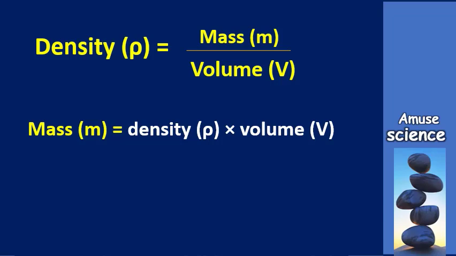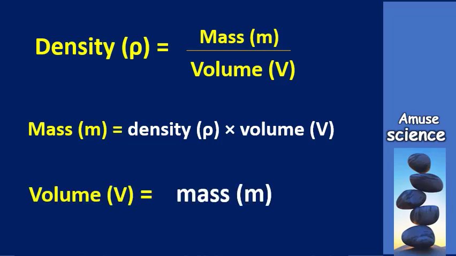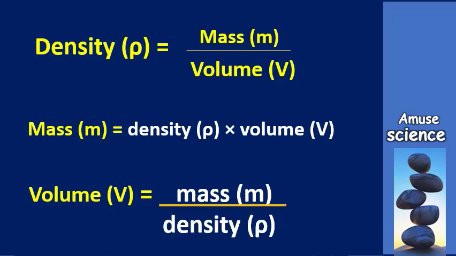So the volume of the object will be the mass of the object divided by its density. Now we want to look at the relationship between density and volume and density and mass as contained in this formula.